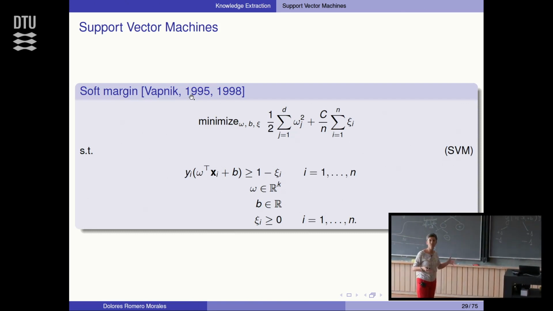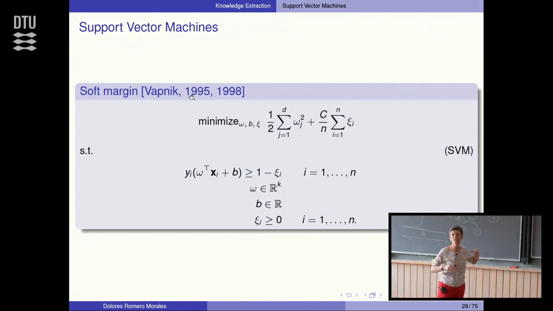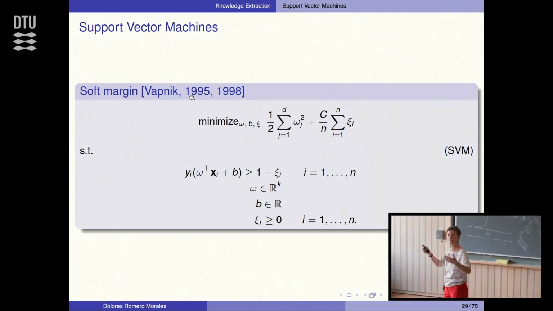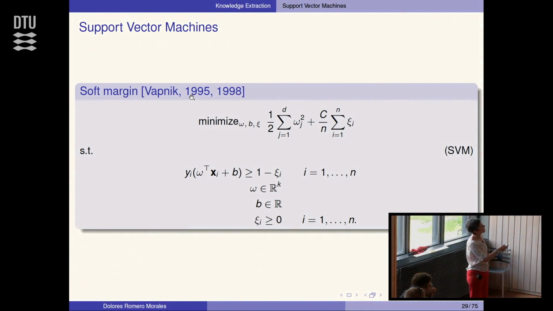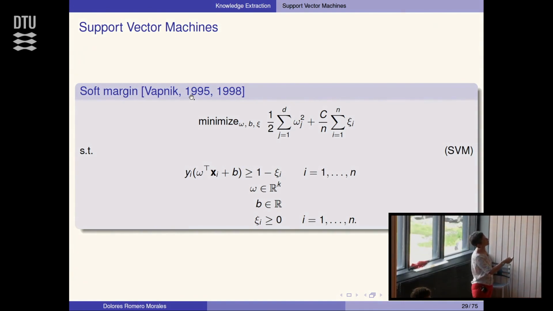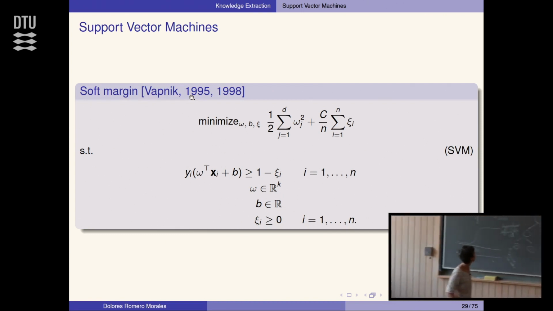And you may say you are minimizing, you are not maximizing. But actually the margin is related to 1 divided by the norm of your normal vector. So this is why maximizing the margin turns out to be the minimization of the Euclidean norm of this vector.